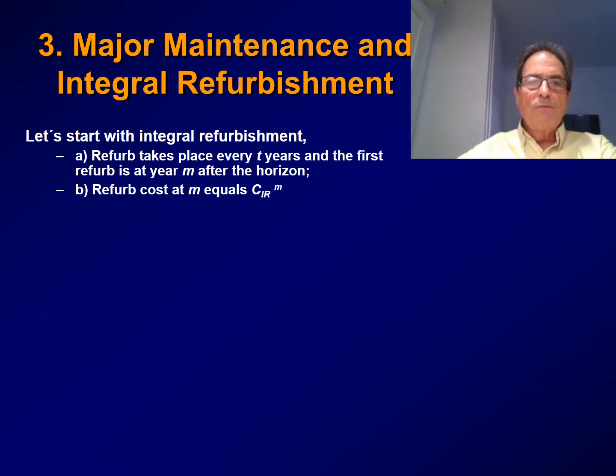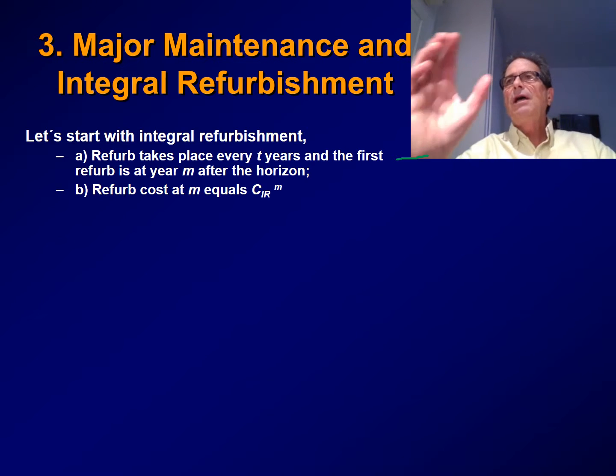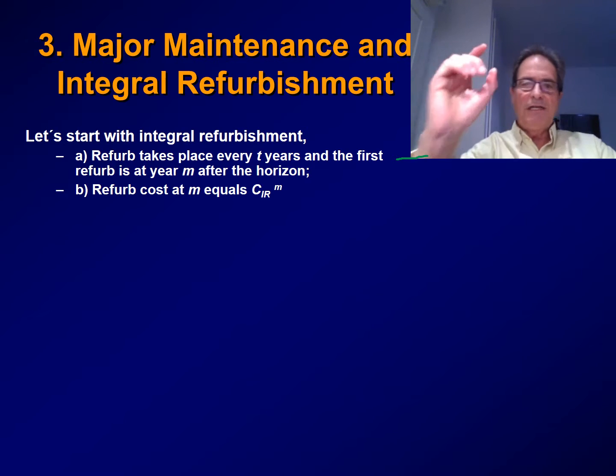And we are going to assume that refurbishment takes place every T years, say every 30 years, for instance, and that the first refurbishment takes place at year M after the horizon. So if the horizon, say, is N years, say it's 20 years, M, the date of the first integral refurbishment, we assume that, for instance, this is year 30, meaning 10 years after the horizon. So M will be equal to 30 in this example.